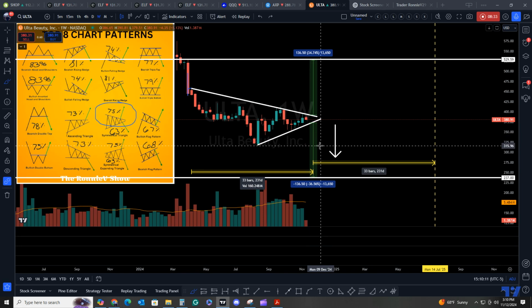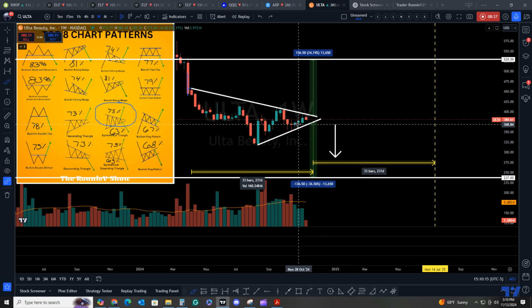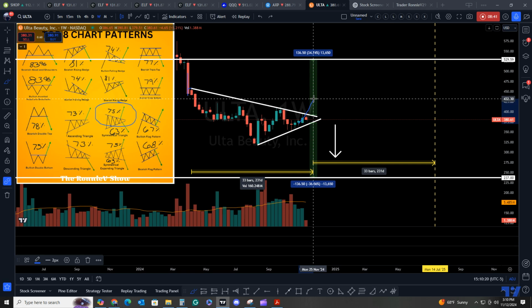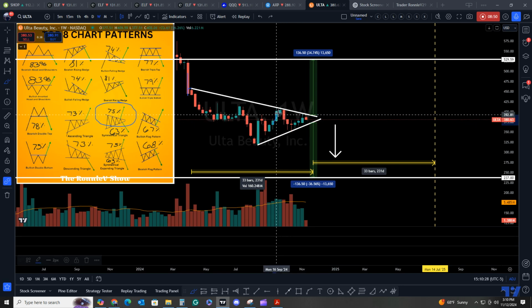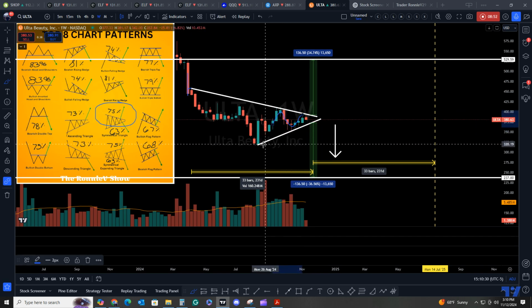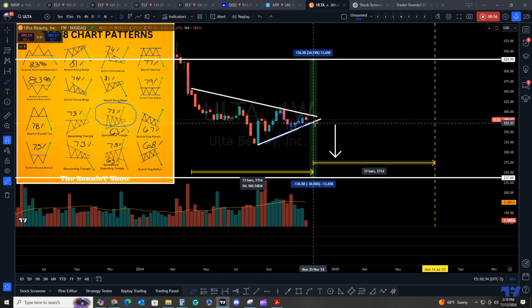Last thing I'll add is that 80-90% of the time, like I said in the bull flag video, when you get a breakout, you will come back to the scene of the crime to retest that trend line. So this trend line is acting as resistance right now, just as this trend line is acting as support. Every time you hit it, you bounce, you bounce, you bounce.